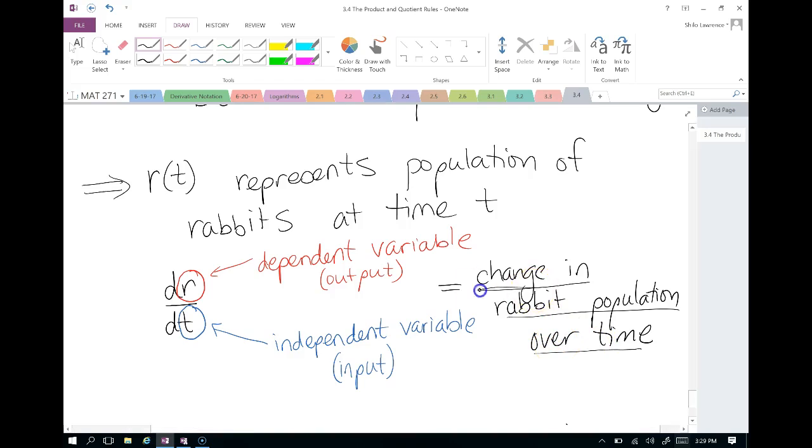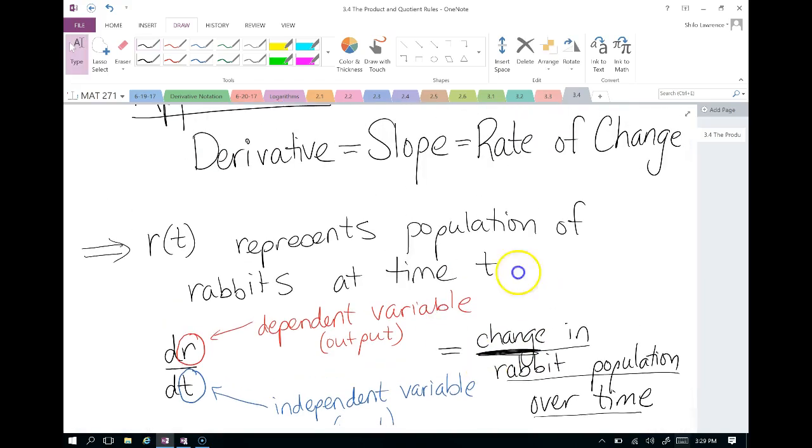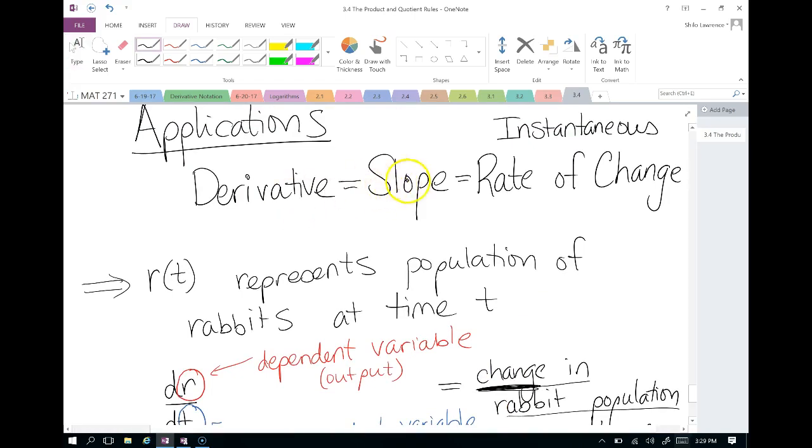Okay, so that's really important to understand that when you see the word change, we're also talking about derivatives. So a lot of the word problems we've been seeing have just been talking about finding slopes and finding equations for tangent lines, but some of the more involved word problems and the more real-life application problems are going to start using the word change, and change also means derivative.